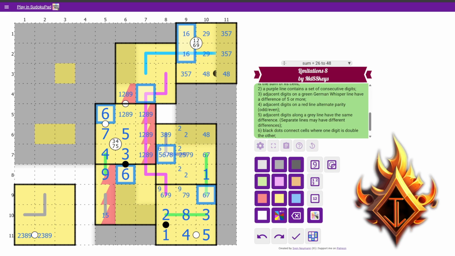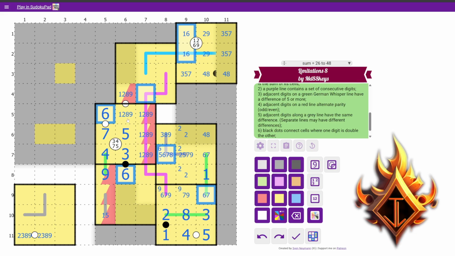Those would be 6s. This would have to be 3, 6, 9. Which meant that is 7. That is 9.